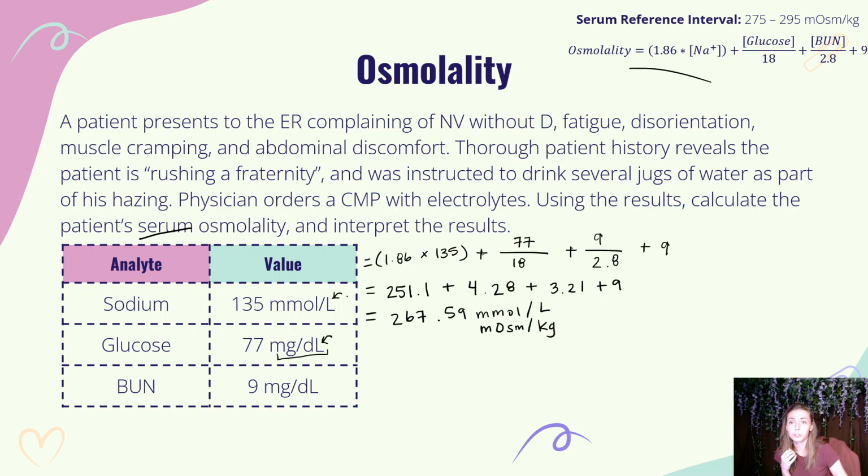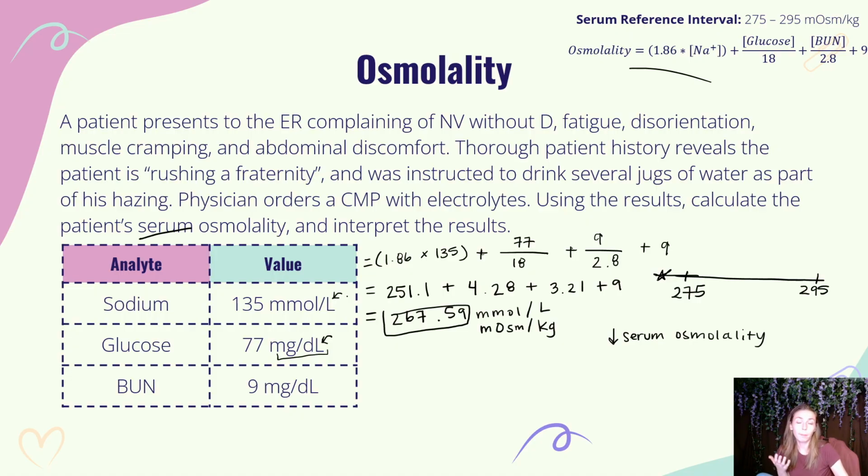Our reference interval for serum osmolality is 275 to 295. 267.59 is below that reference range. So what does that mean? That means that he has decreased serum osmolality.